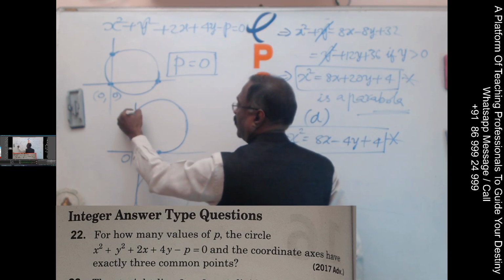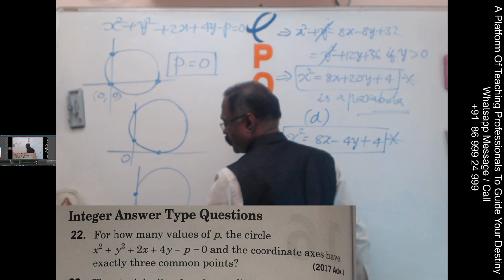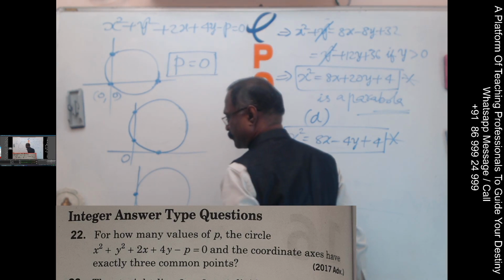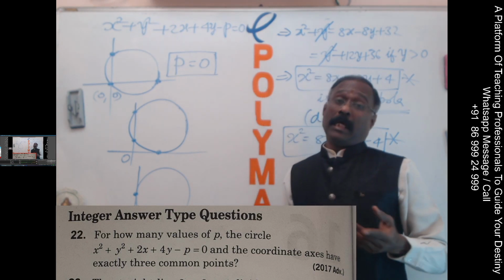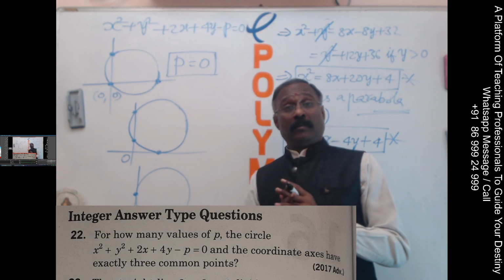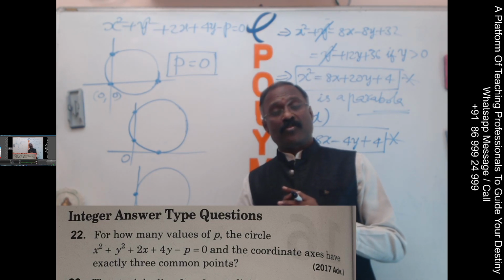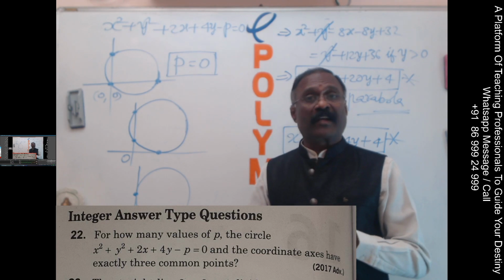1, 2, 3. Okay. Now, because it is an advanced level question, let us see how it is to be checked algebraically.